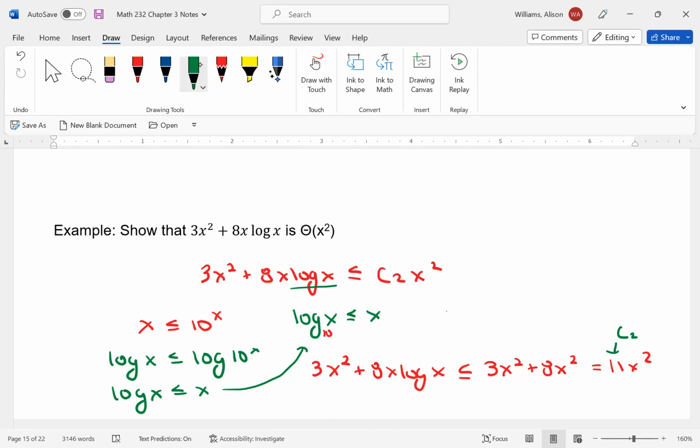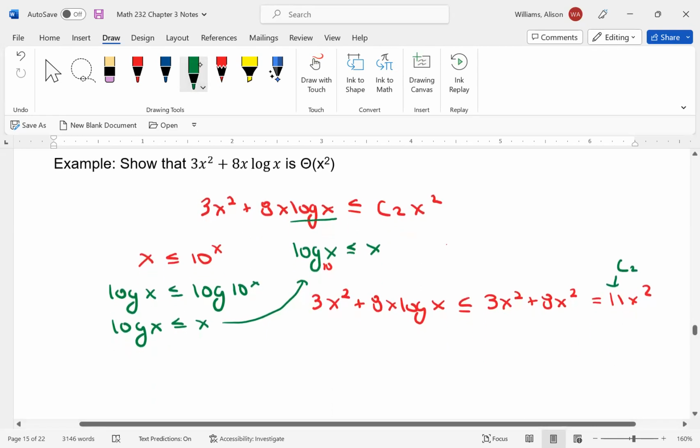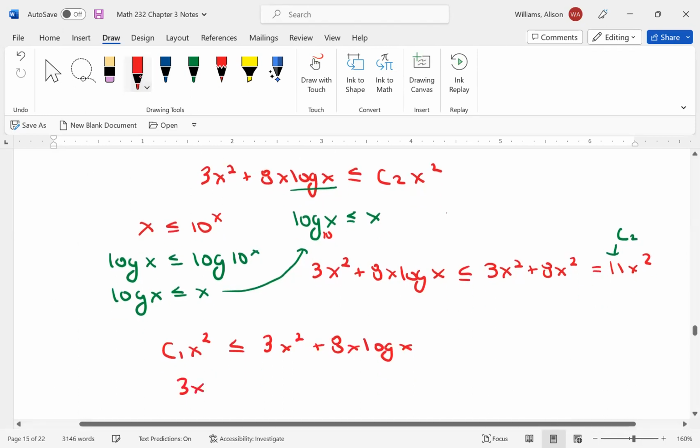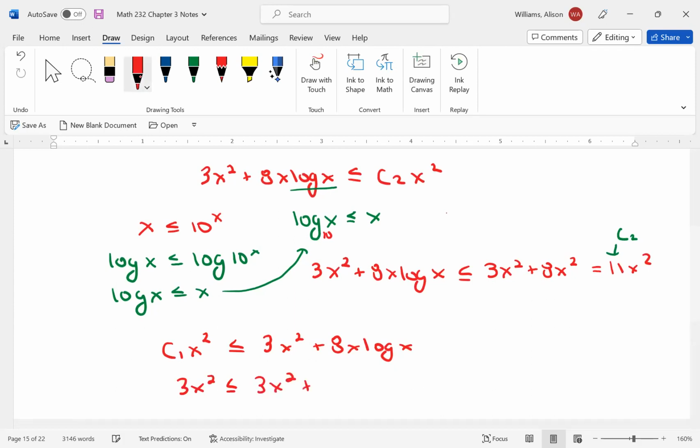Okay, C1 is really easy because it's easy to trap this on the other side. 3x squared plus 8x log x, showing that this is bigger than something times x squared. So here's the magic one that's going to work, 3. Because 3x squared is always going to be less than this, since we're working with positive numbers for the most part anyway.